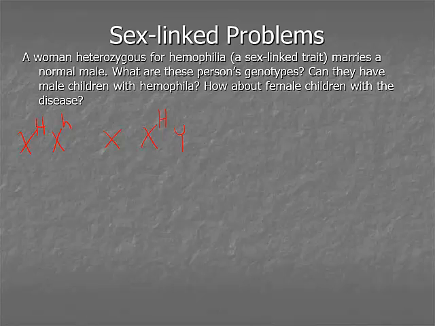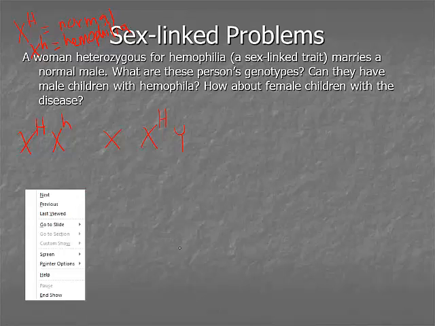One thing you've probably already noticed was I forgot to make my key. X capital H is normal. X lowercase h, hemophilia. We'll do our Punnett square.